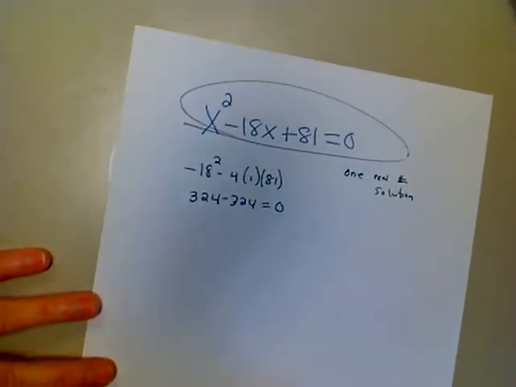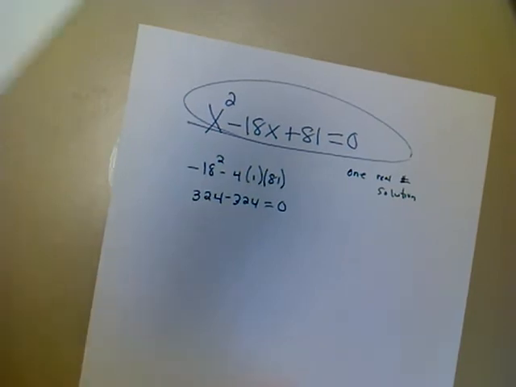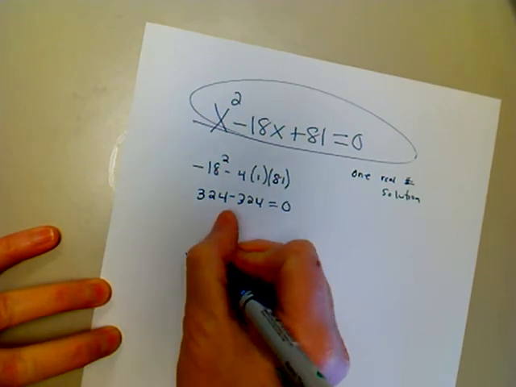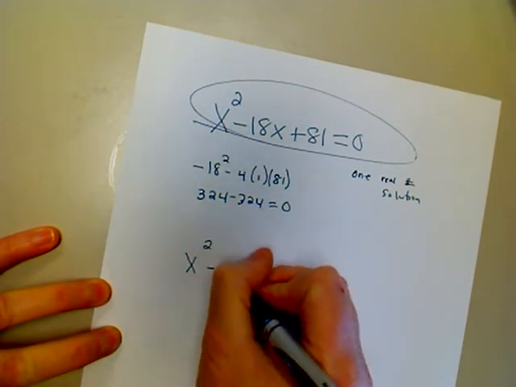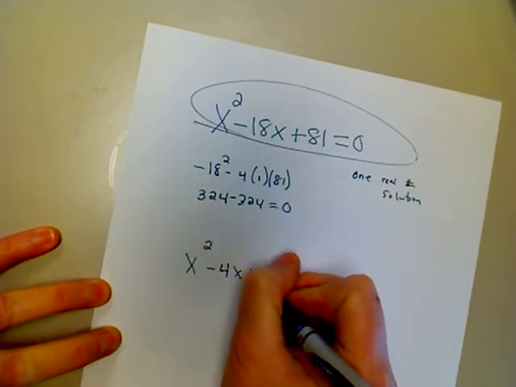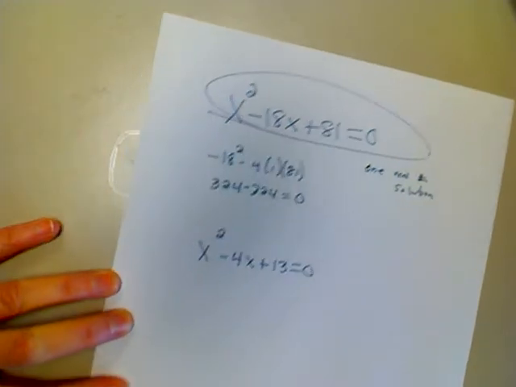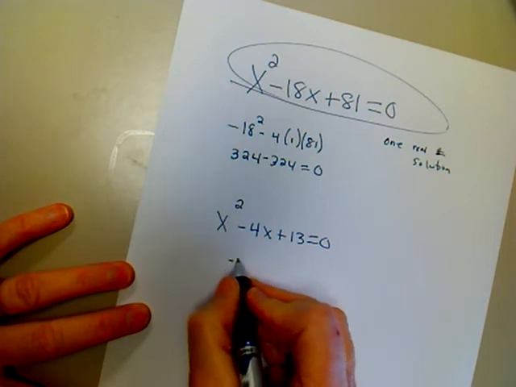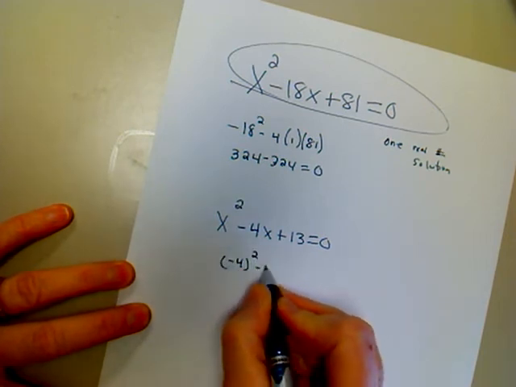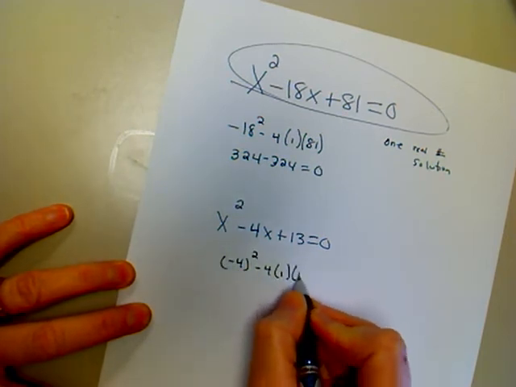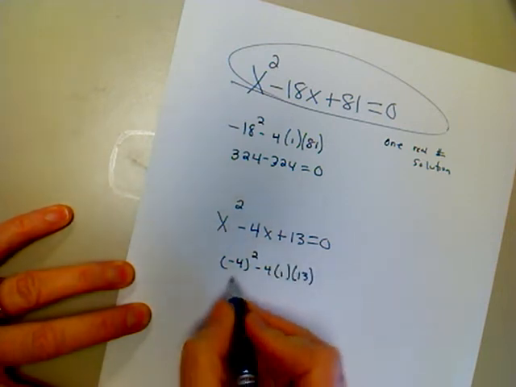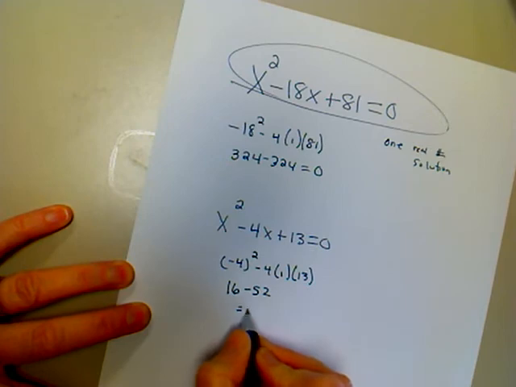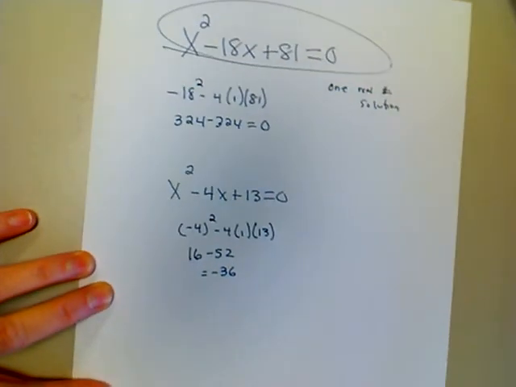And then for this problem, to find the discriminant, I'm going to do b squared, so negative 4 squared minus 4 times 1 times c, and we're going to get 16 minus 52, which equals negative 36.